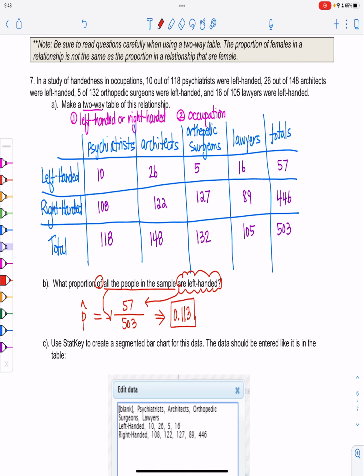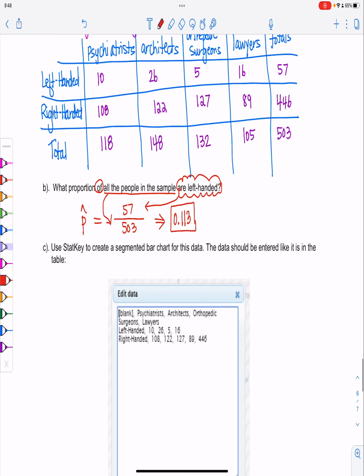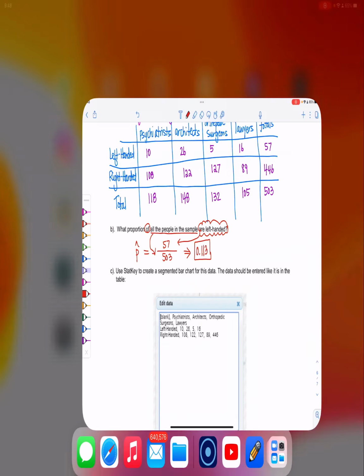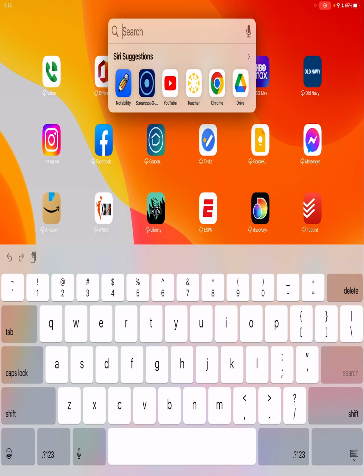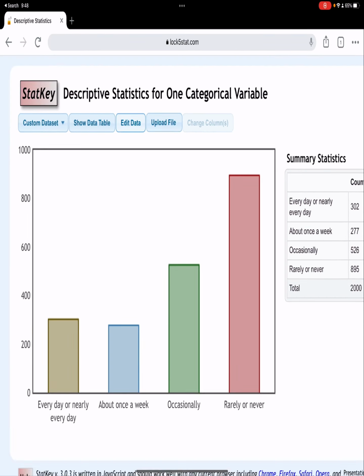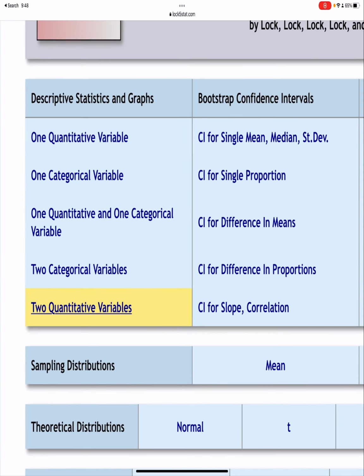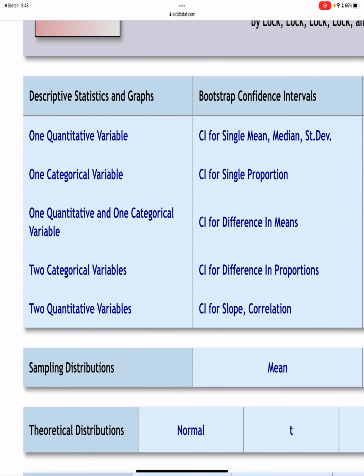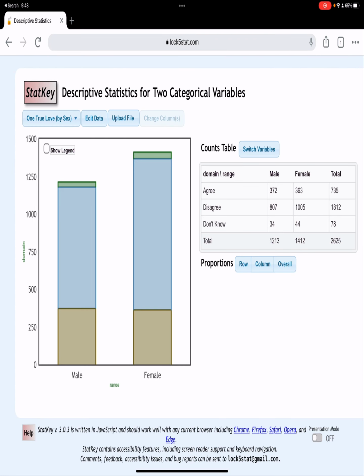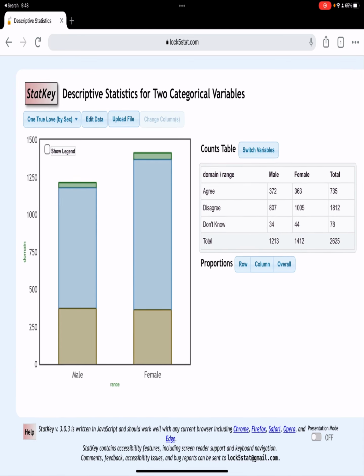Now we can make a segmented bar chart for this in StatKey. So we will open up StatKey. And now go back to StatKey Home by pressing that button. We have now two categorical variables. So I'm going to select two categorical variables now. And I am going to edit data for this.